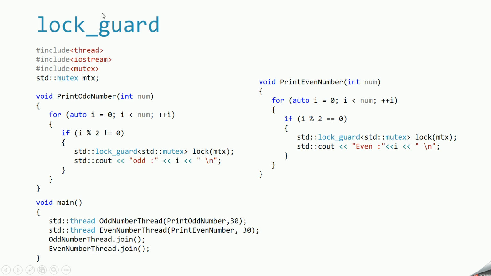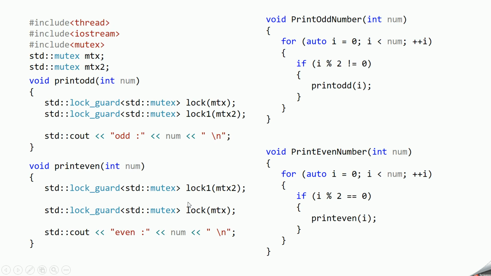And then we learned how we can solve the deadlock situation in mutex with the help of this lock guard. So this lock guard solves the problem of mutex. And then we also saw another problem that can lead to deadlock, which is if you have to acquire multiple locks. So to avoid this deadlock situation, you have to acquire the locks in the same order in all the threads.